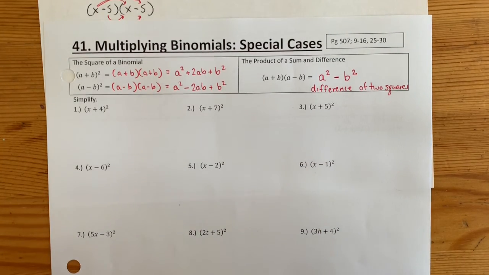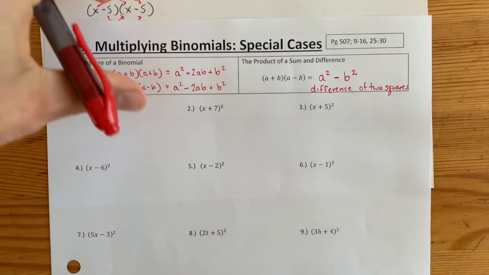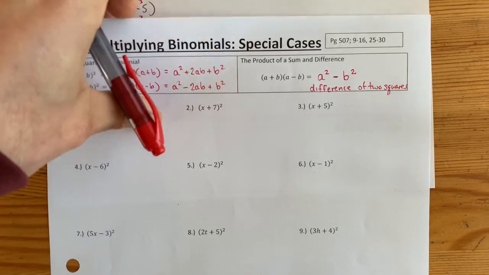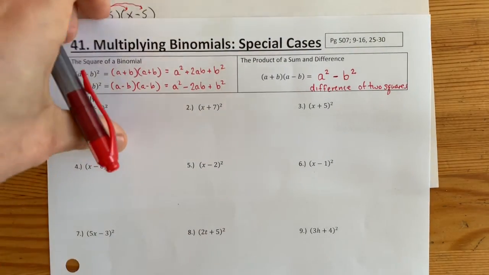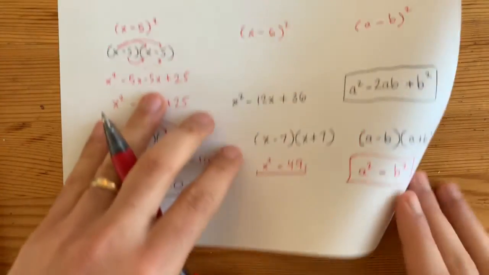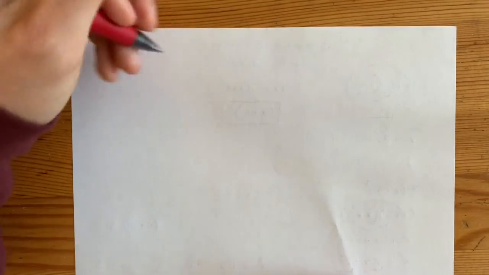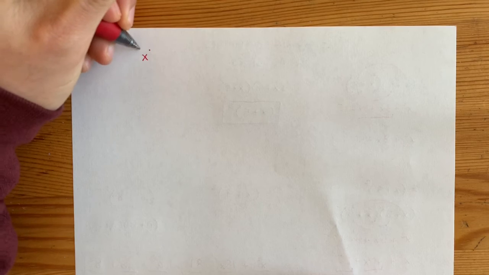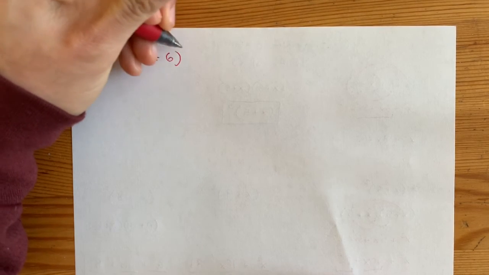All right, let's do some examples. Well, actually, before we do any examples, let me just answer a question that some people may have had. Wouldn't this just be like if I had x plus 6 squared?